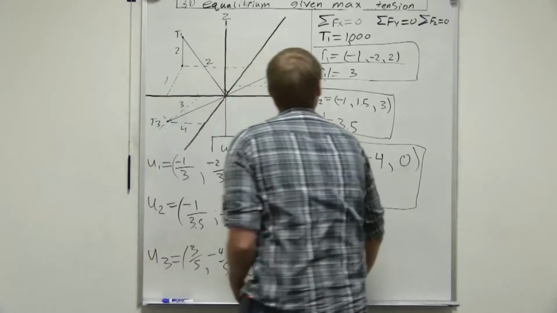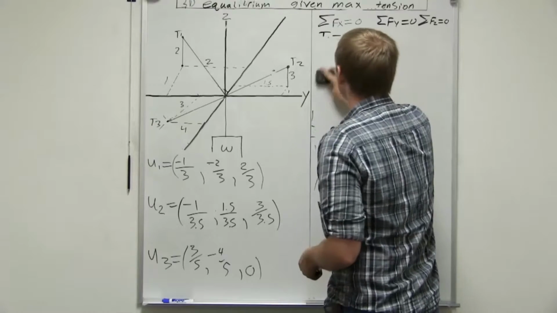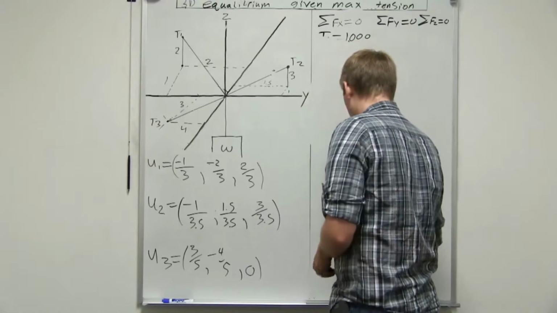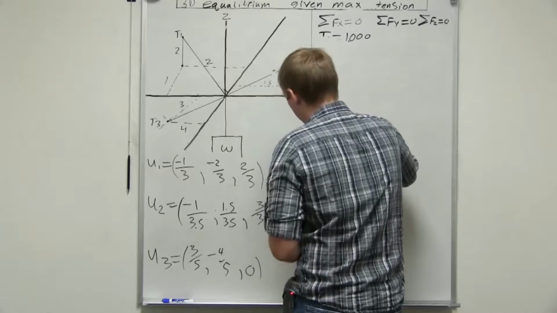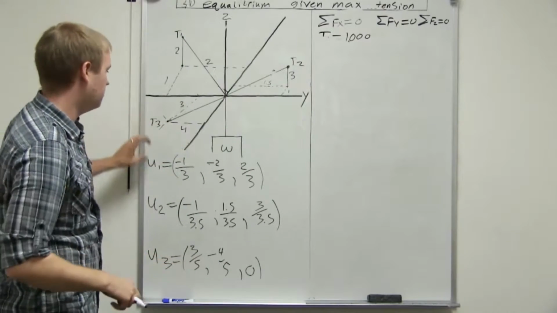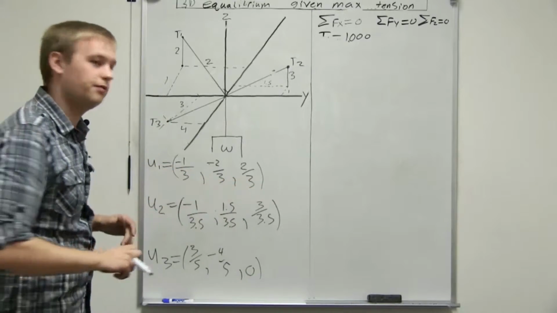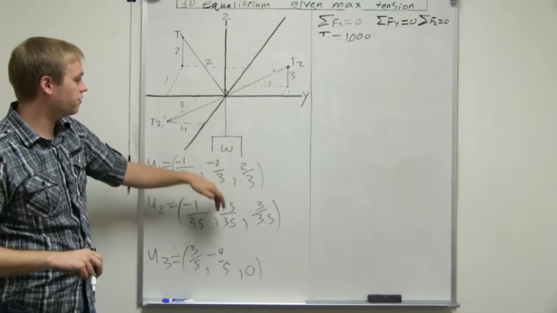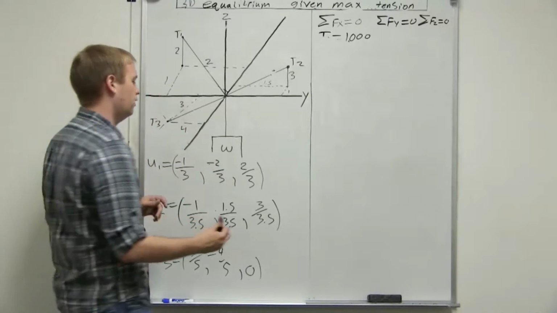Okay, now we have a little bit more room to work. And if you want to get the force for these, well, we just multiply our force through our unit vector. So -1/3 times T1, -2/3 times T1, 2/3 times T1.